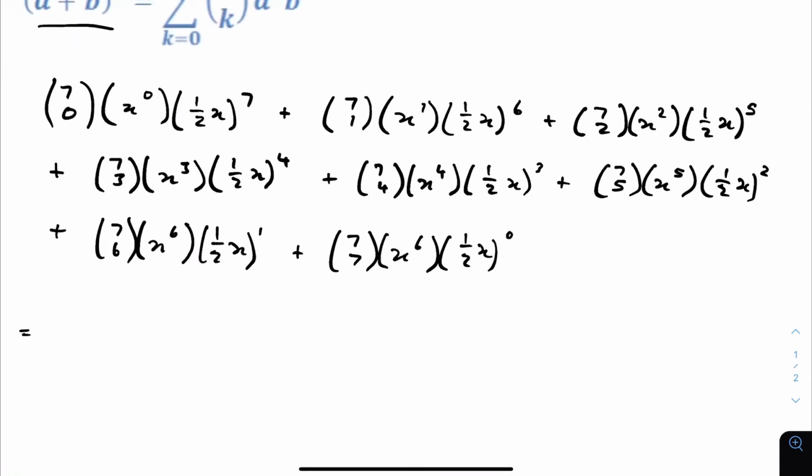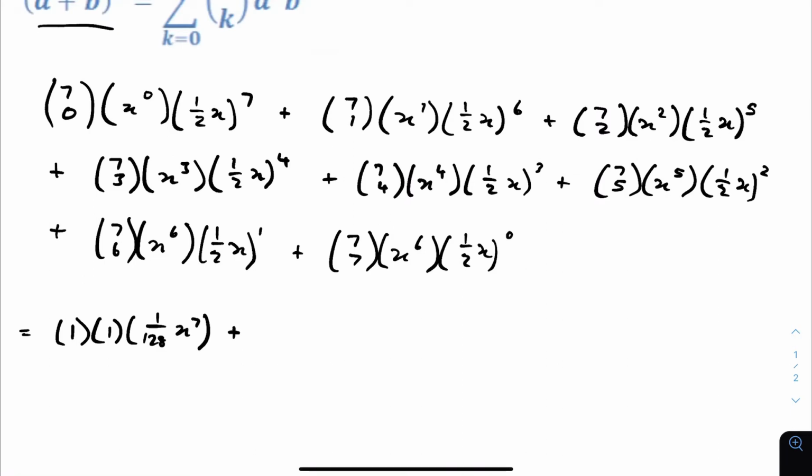We know 7 choose 0 is 1. So let's write this as 1 times, and x to the power of 0 is also going to be 1 because anything to the power of 0 is 1. Times 1 over 2 to the power of 7, which is 1 over 128, and x to the power of 7.